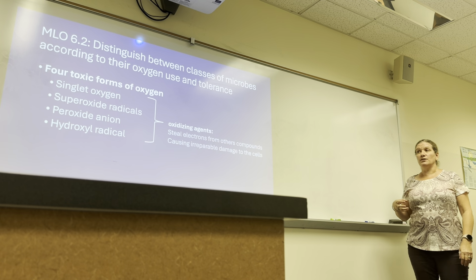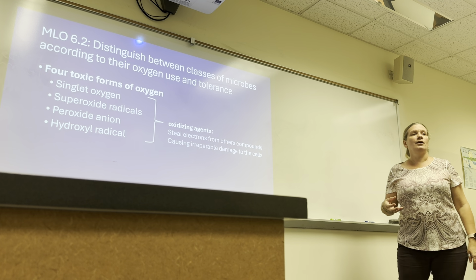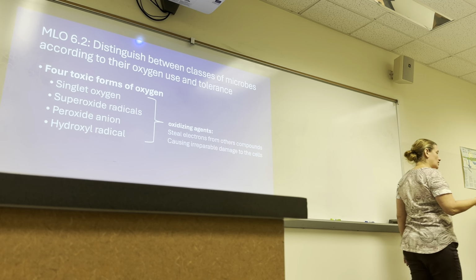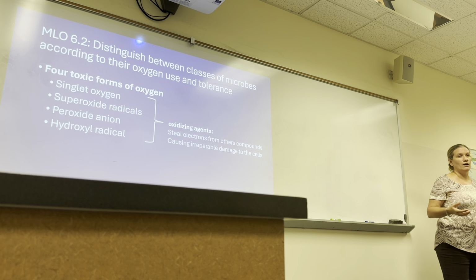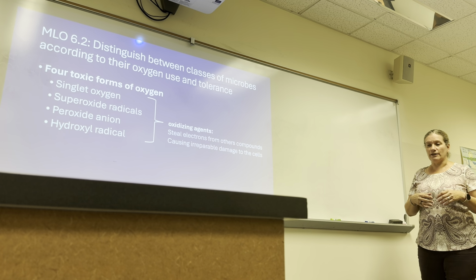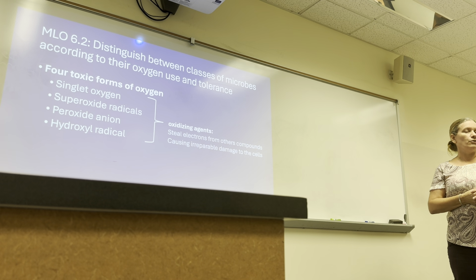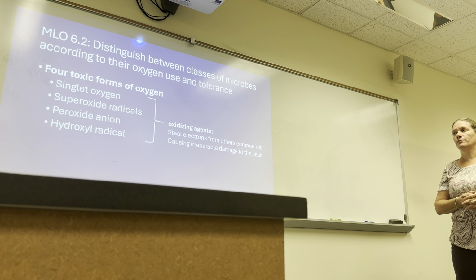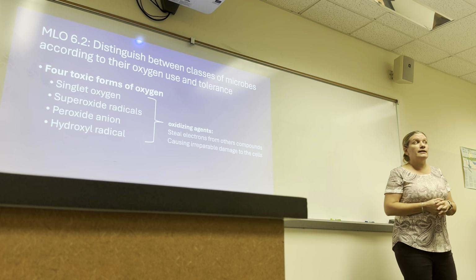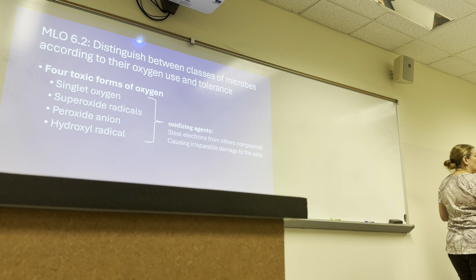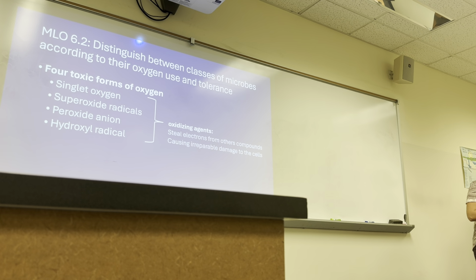Those toxic substances are oxidizing agents. Remember those redox reactions, LEO: lose electrons is oxidized. They're going to snatch electrons from other molecules, and this oftentimes results in irreparable damage to the cells.